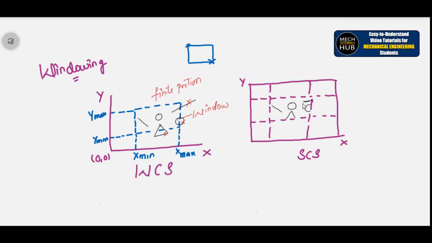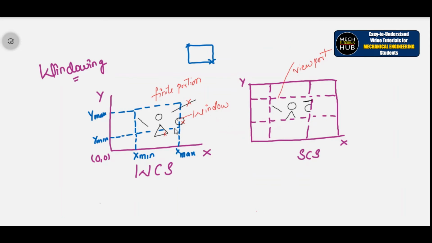The same window, when it comes to screen coordinates, is called a viewport. Whatever comes inside the window is visible, and whatever goes out of the window is completely invisible to us on the screen. That is the importance of this windowing.